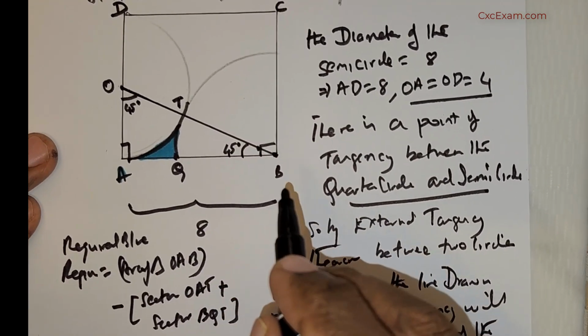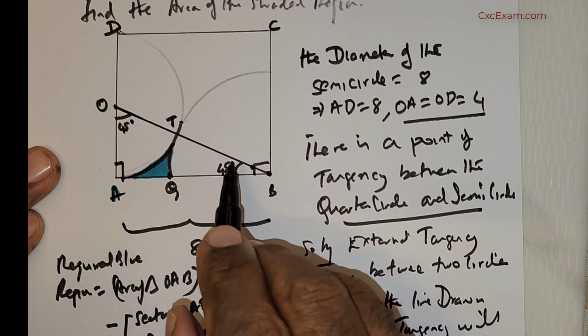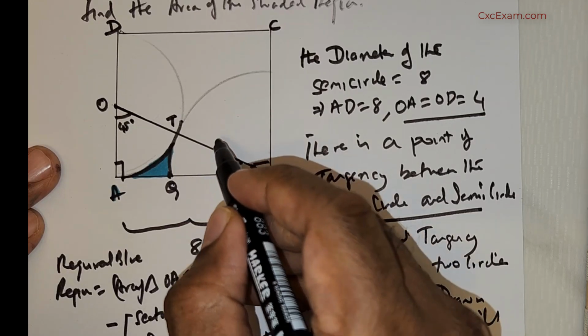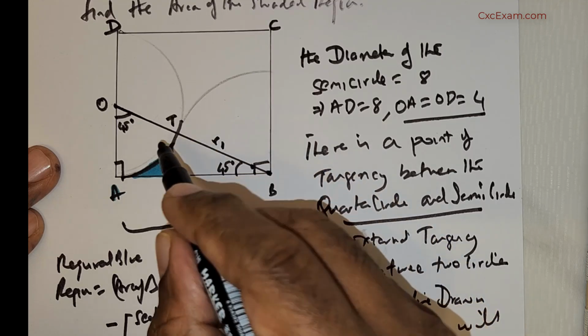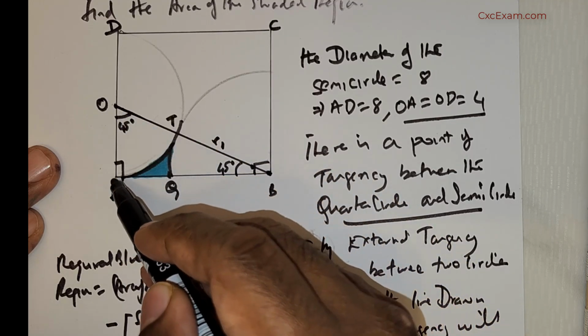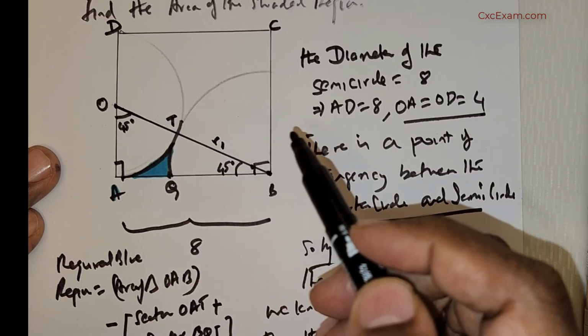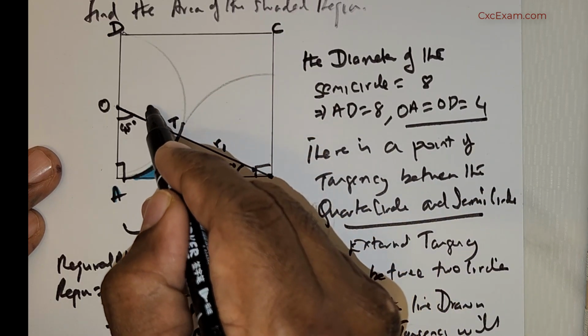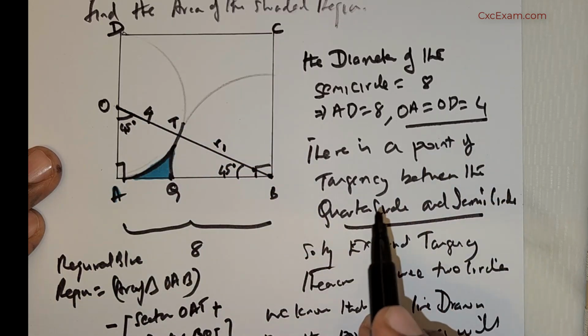Now, more importantly, we need the radii. So if I were to take this as r1, and clearly this distance is going to be 4 units. I know this is going to be 4. Why? Because OA is 4 units.